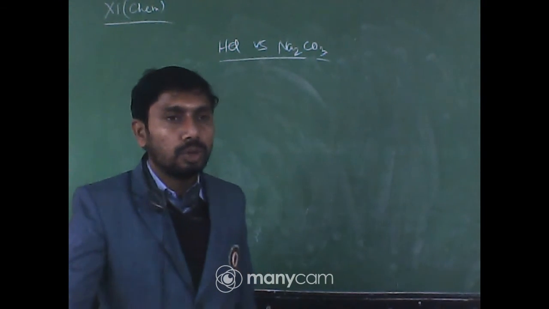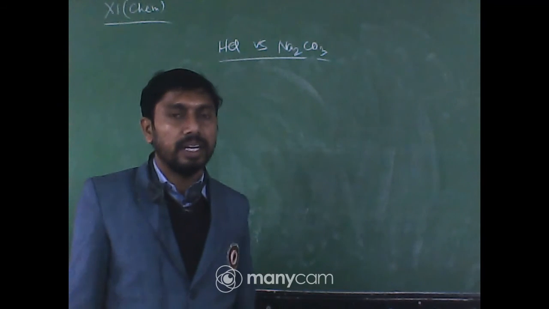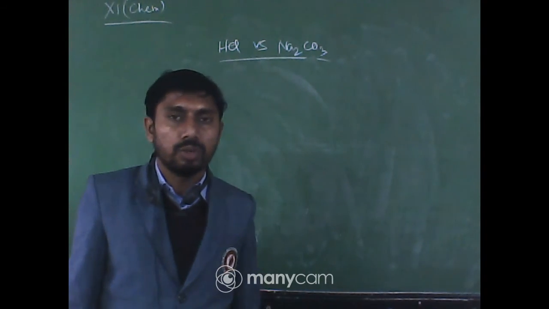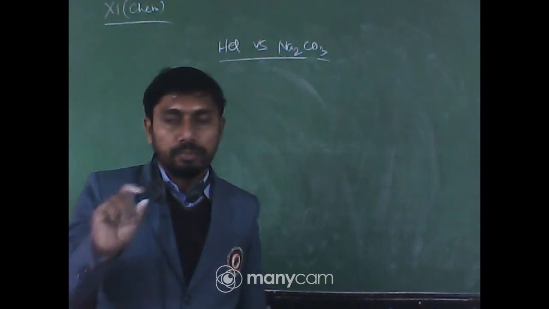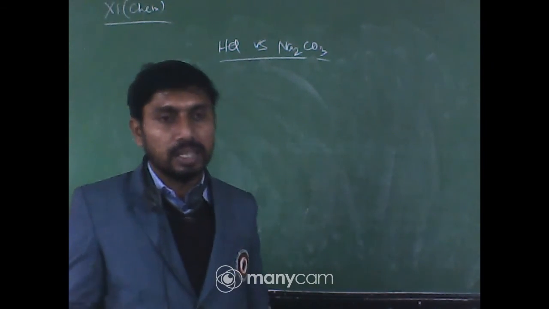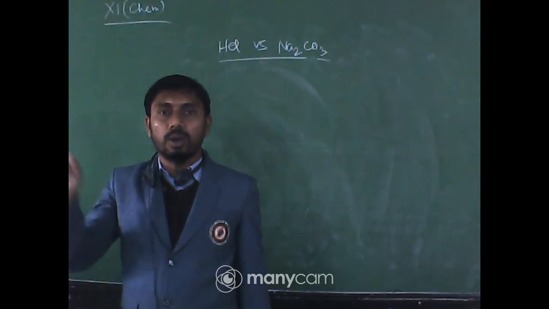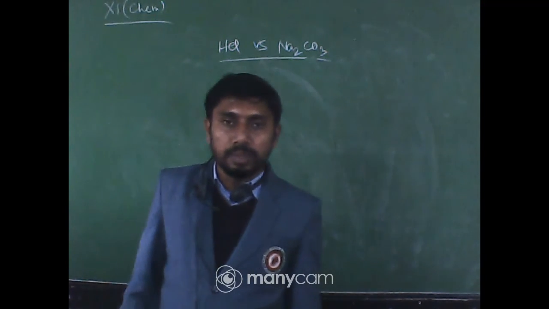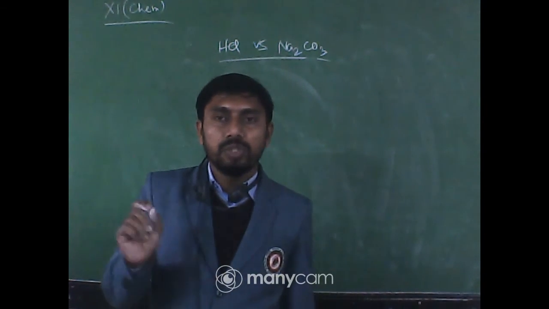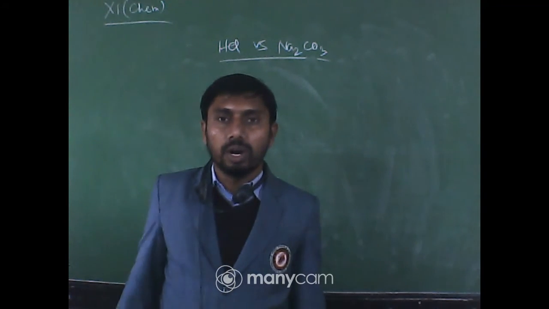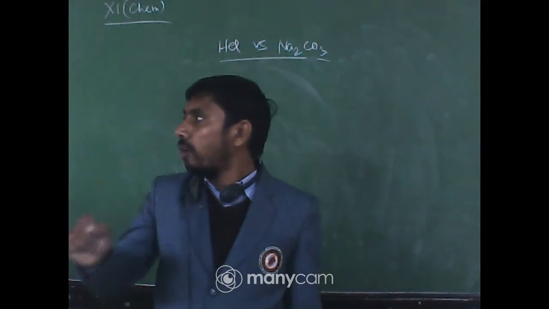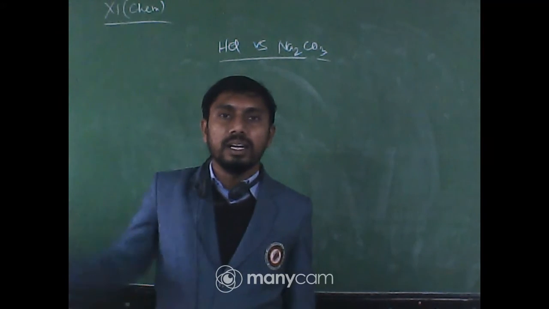red range. So there is a chart, the indicator chart, that is also called the color match. The color of the solution is compared with it, the compared pH should be detected and recorded. Suppose 5 ml of NaOH is used, then the color is that.